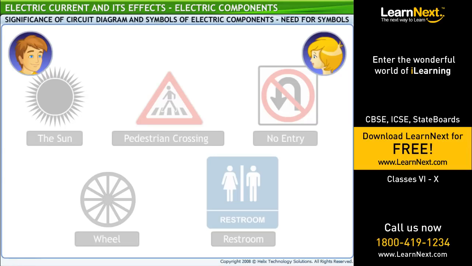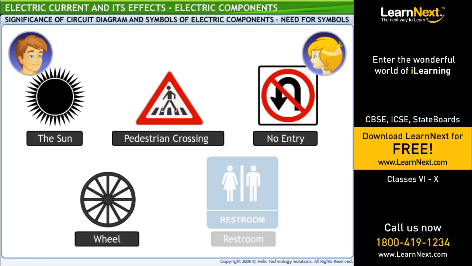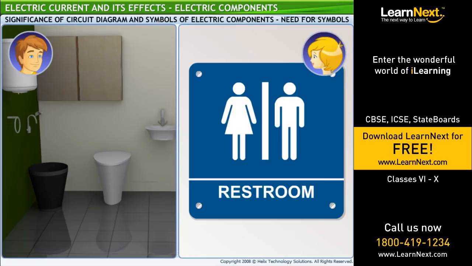Of course. I've seen symbols for the sun, walk signal at pedestrian crossings, no entry, a wheel, and a restroom. It would be difficult to draw an actual restroom as an indicator, right? Yes, I see what you mean. It does make sense to use symbols.